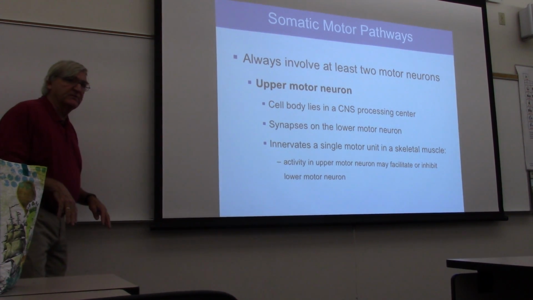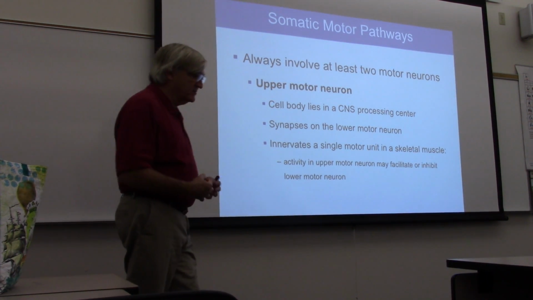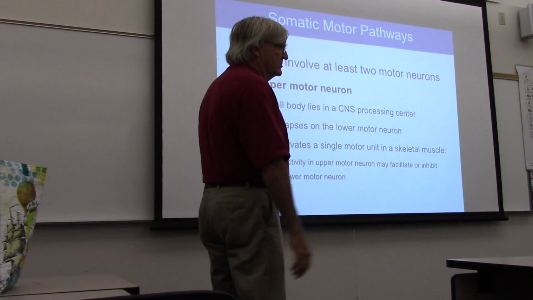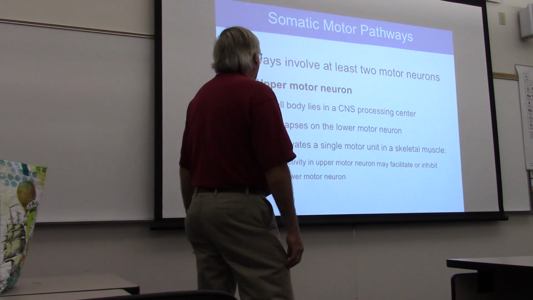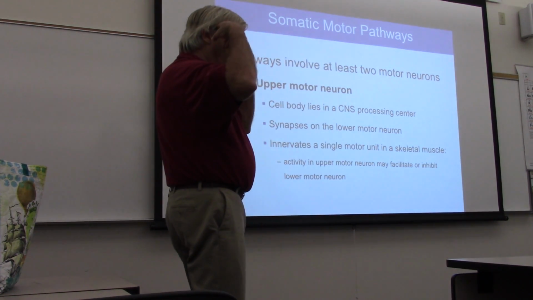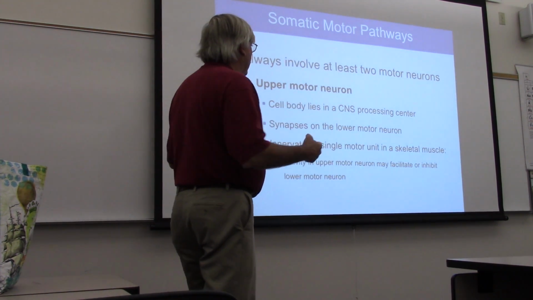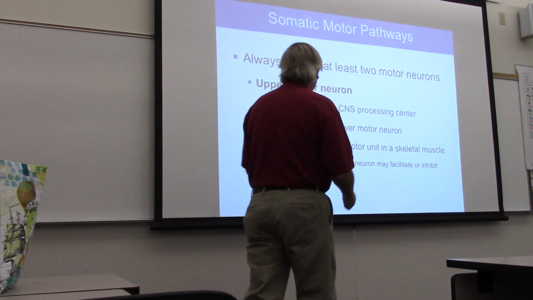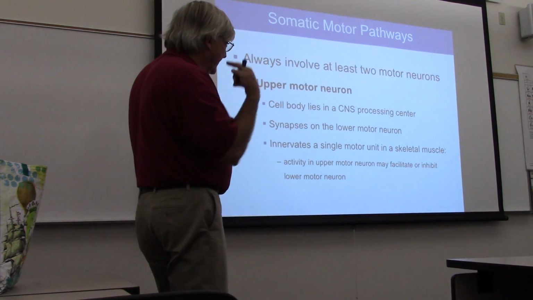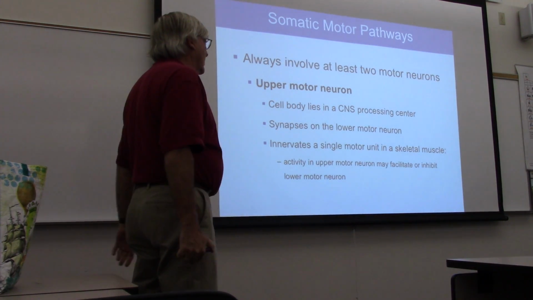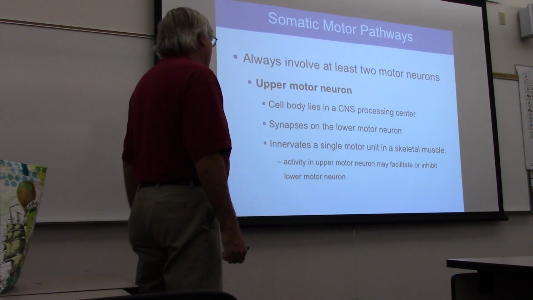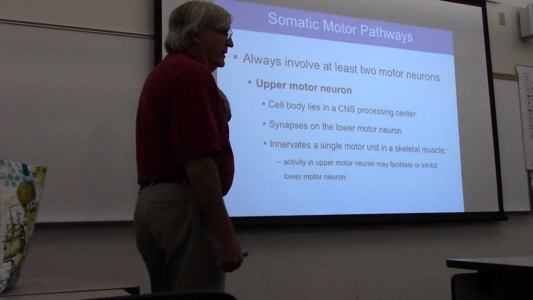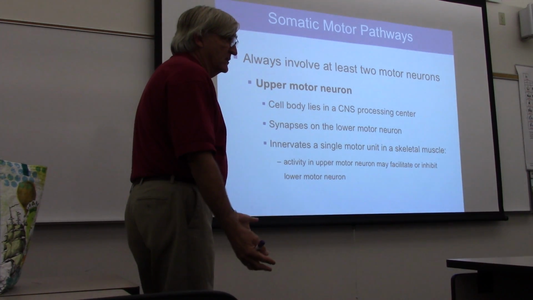All of the muscles in our body that get innervated by the somatic nervous system have two neurons that do the job. One of them starts up here in the brain in several places, the CNS processing center, and then they go down and synapse on the lower motor neuron, and then that lower motor neuron carries the information all the way down the spinal cord to the muscle itself.